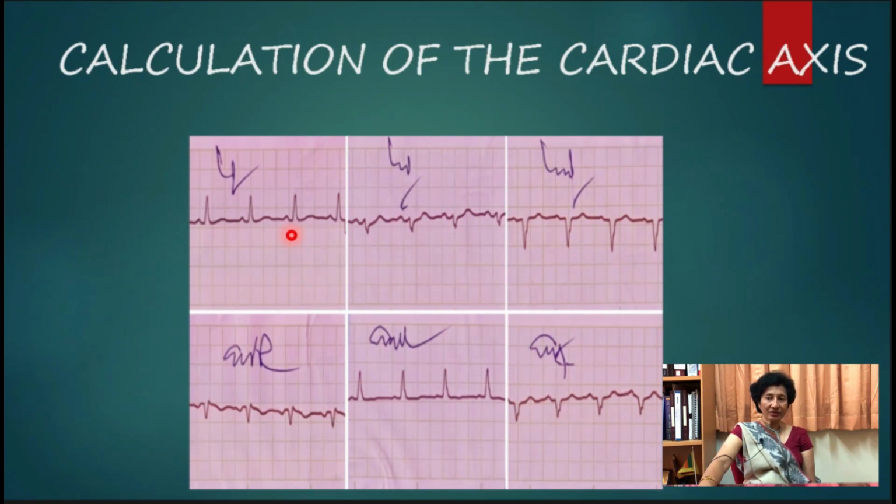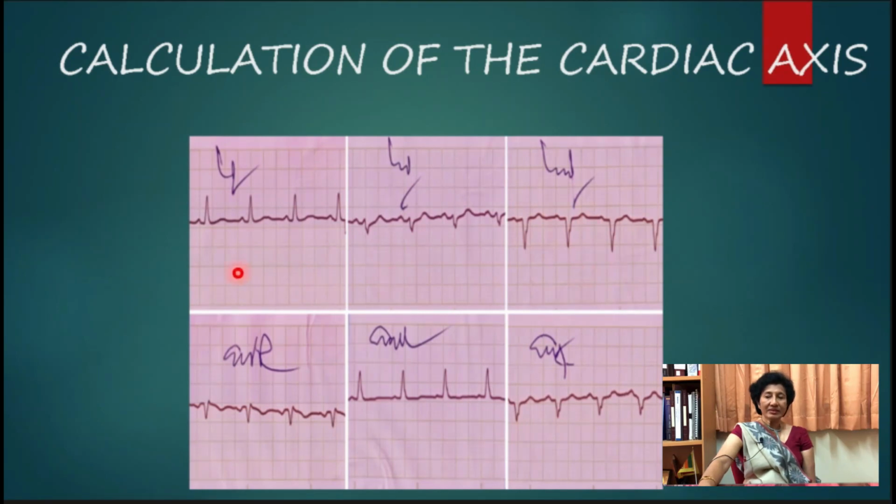That means the vector of QRS complexes is upwards. Coming to lead 3, there are QS complexes. The QRS polarity is negative and the vector of QRS complexes is downwards.